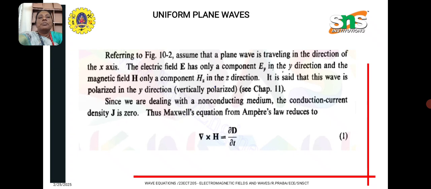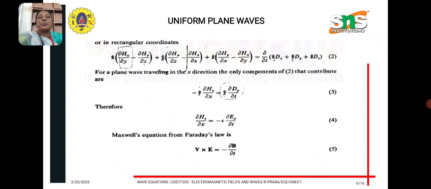And since we are dealing with a non-conducting medium, the conduction current density J is equal to 0. So the Maxwell's equation derived from Ampere's law reduces to del cross H is equal to ∂D/∂t.